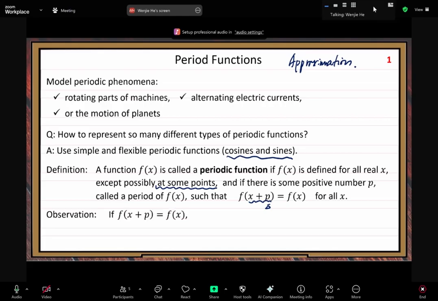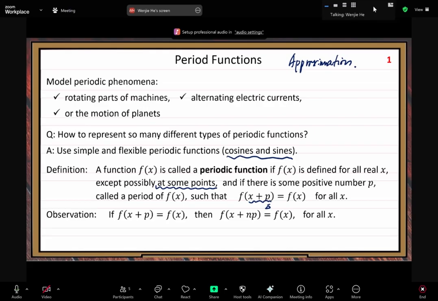If f of x plus p equals f of x, then f of x plus n times p, n an integer, also equals f of x. Any integer multiple of that p is also a period. Then you have so many periods. So when you talk about a period of a function, which one do you mean?